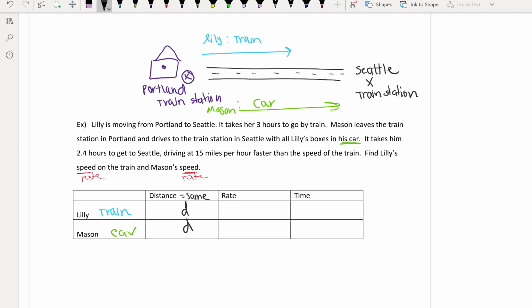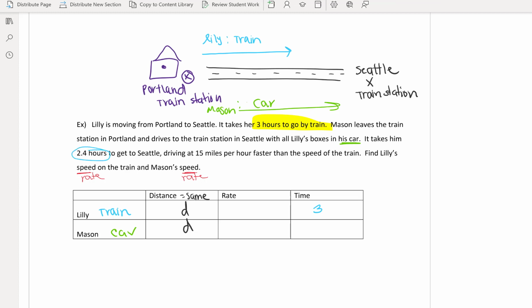Now, it specifically gives us some values that we can plug into this chart. So it says it takes her 3 hours to go by train. So if I'm thinking about the train, then I'm here in the first row, and I'm thinking about hours, and hours is a time. So I'm going to put 3 in there. Now, if I'm talking about Mason, then Mason's in his car, and it says that it takes him 2.4 hours in his car.